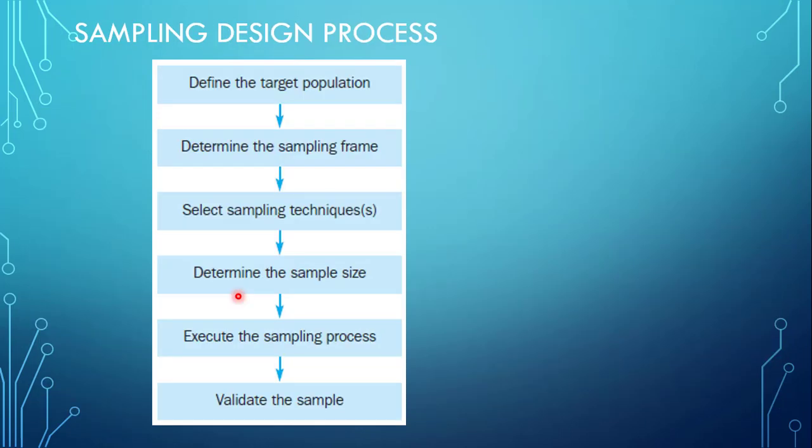So what are the steps or processes that you need to follow in selecting a sample? It is known as the sampling design process. You have 6 steps. The first step is to define the target population clearly. Then you determine the sampling frame.